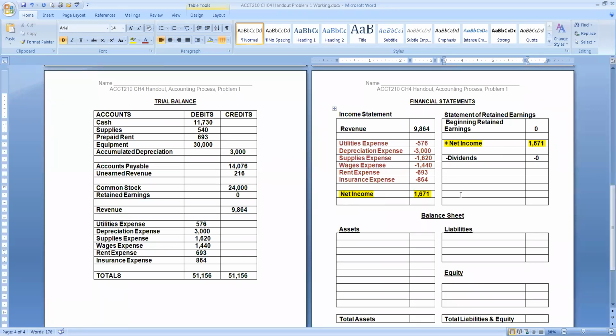And let's go with our ending. I'll put it here: our ending retained earnings. I can do the math on this one. So our ending retained earnings is that.